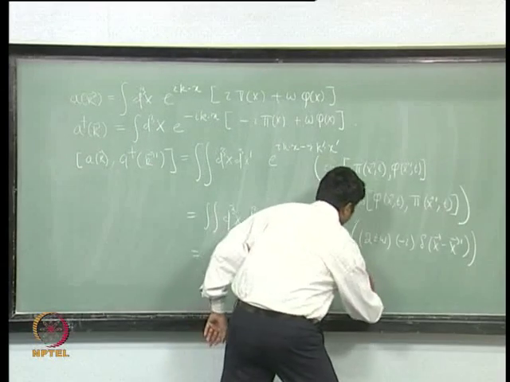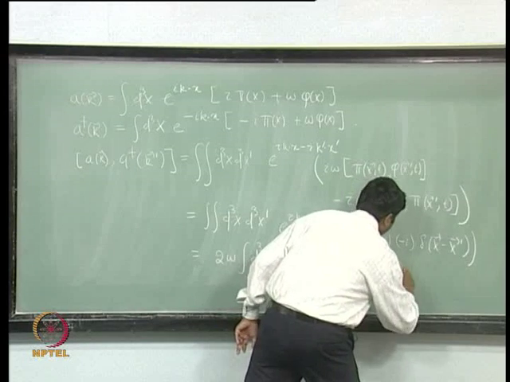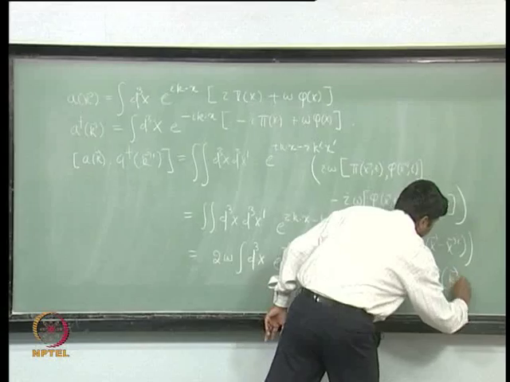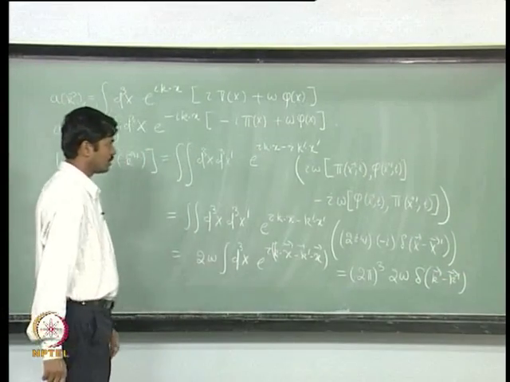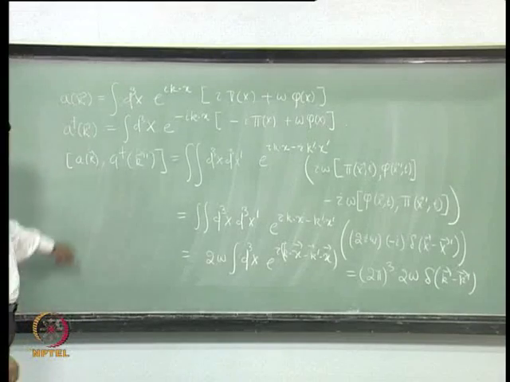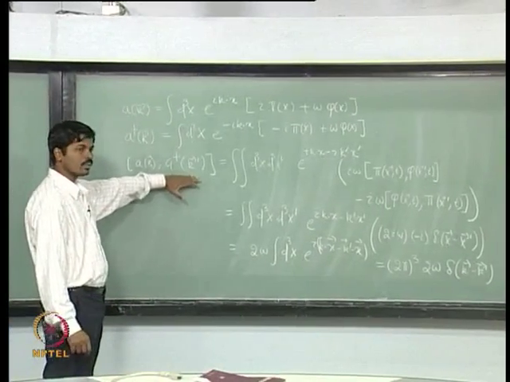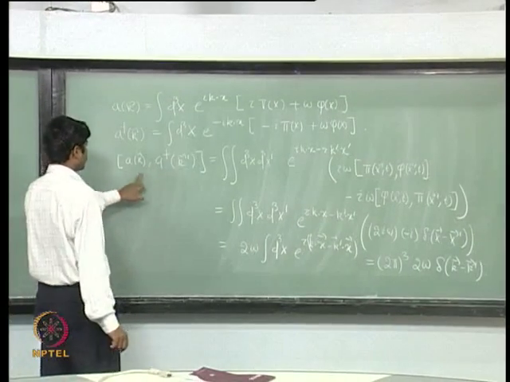So, after integrating you get (2 pi) cube 2 omega delta(k minus k prime).